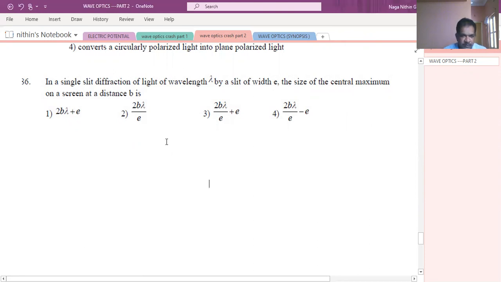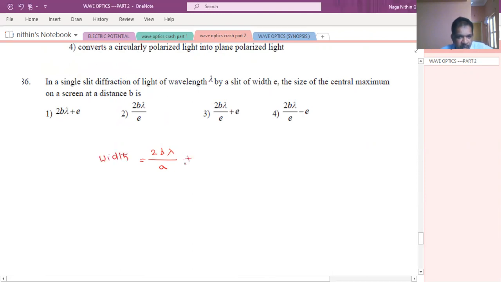Generally, we will use the width of the central maximum as 2b lambda by E. This is the formula, or instead of capital D, small b and small d, small a, we will use. This is the width of the central maximum.